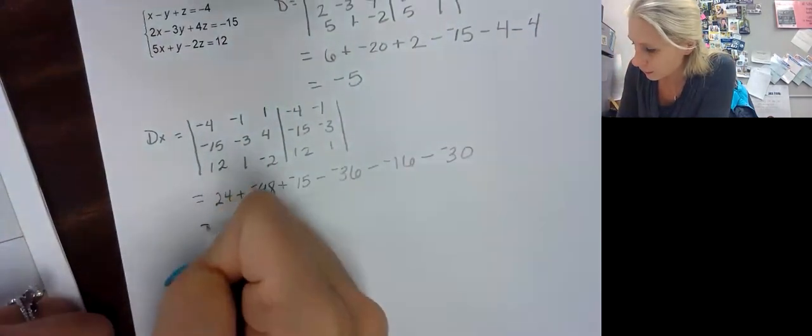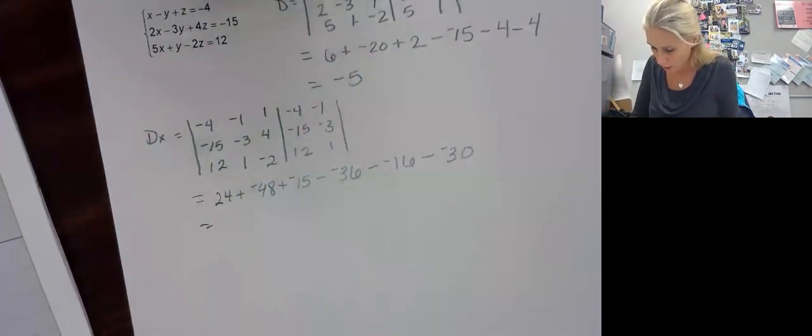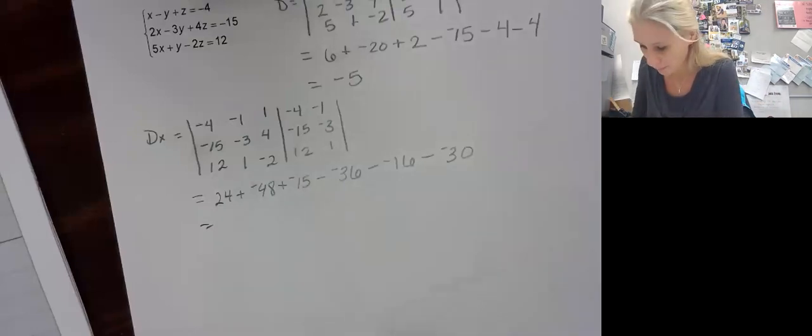All right, let's do that in there. 24. Too many plus signs, guys. Okay, I got 43. That looks terrible, but we'll see what happens.